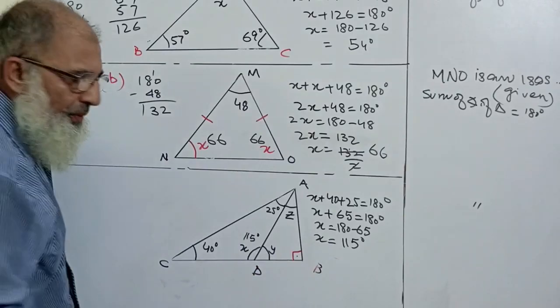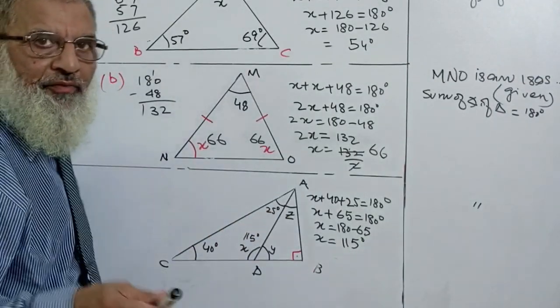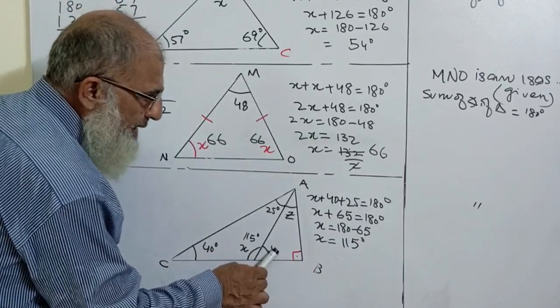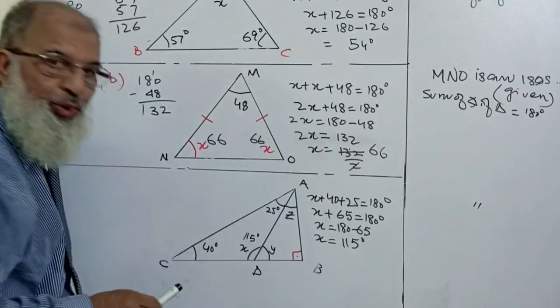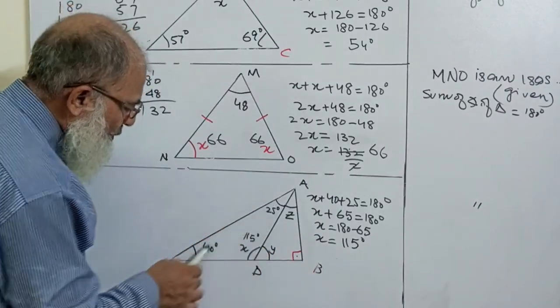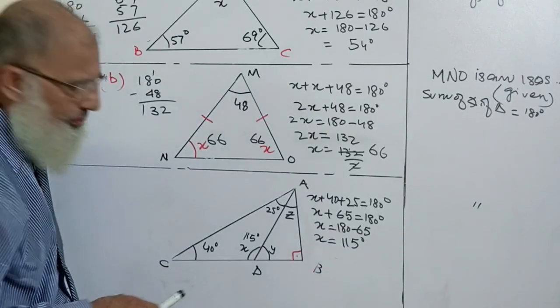Now what about y? If we are calculating the triangle with the region of triangles, then this is the exterior angle of these two interior angles and it is also opposite to these two angles.